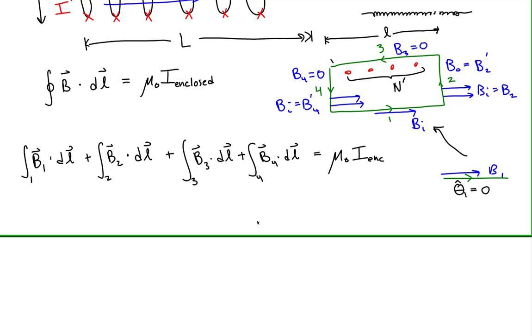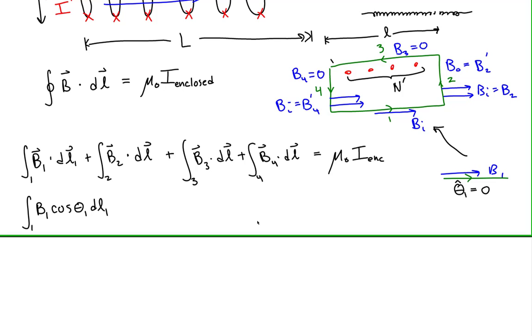Knowing this allows us to use the alternative definition of dot product, being equal to the product of the magnitudes of each vector, in this case the magnetic field along path 1 and the line element along path 1, times the cosine of the angle between them.